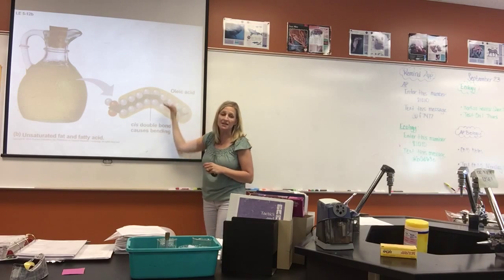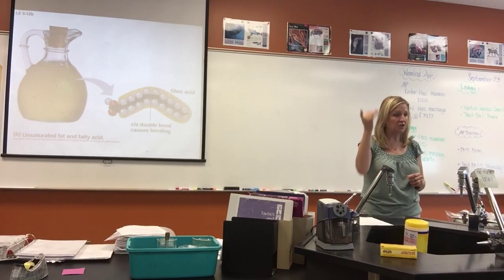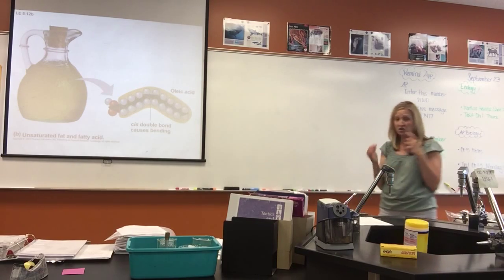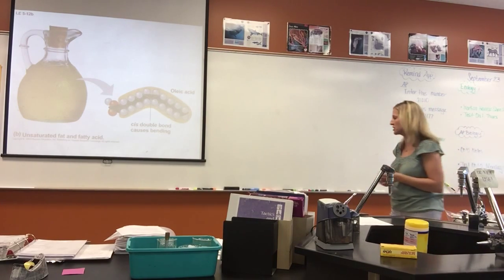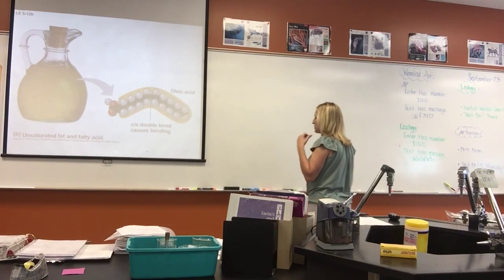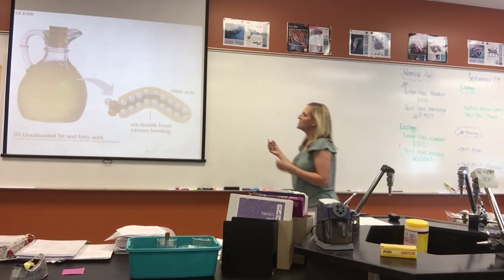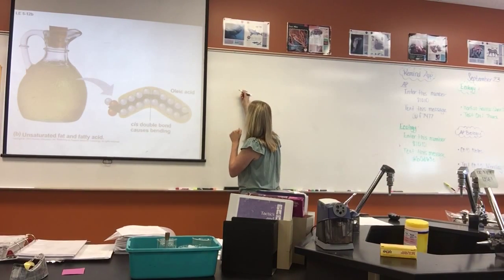So what happens is whenever there's a double bond, it causes a kink. You actually get a bend in the chain. So it actually changes the actual construction of it. And so let's look at why that is and how that plays a role in being solid versus liquid at room temperature.